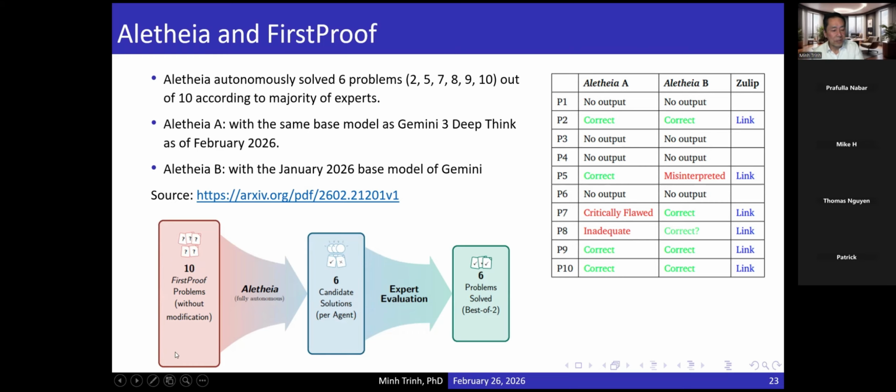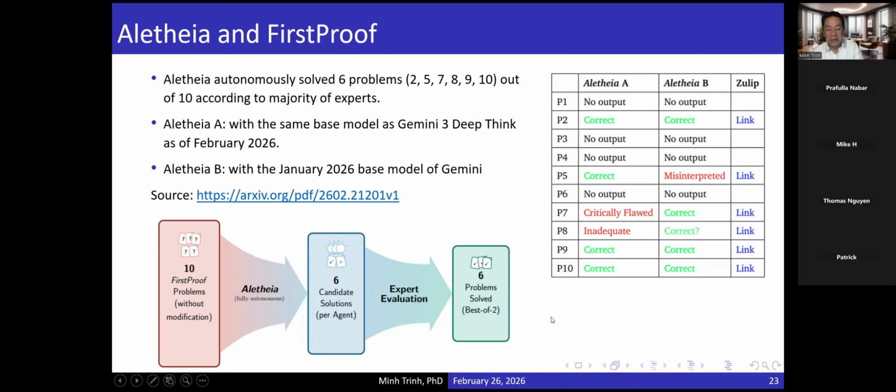So fully autonomous, no human intervention. The only intervention was at the end, with an expert evaluation. You have 2 agents, 6 candidate solutions, and you just take the best of the 2 as the final answer.